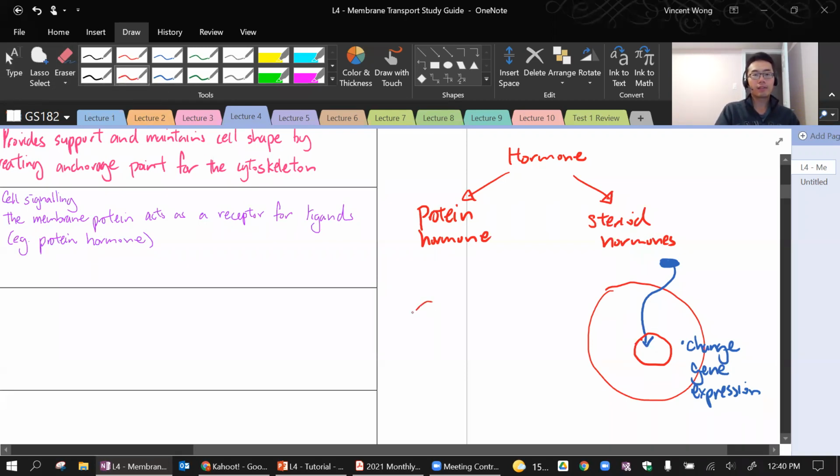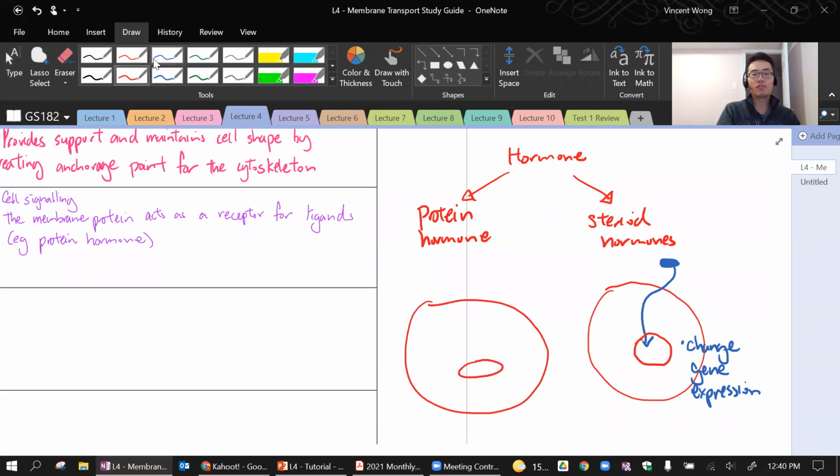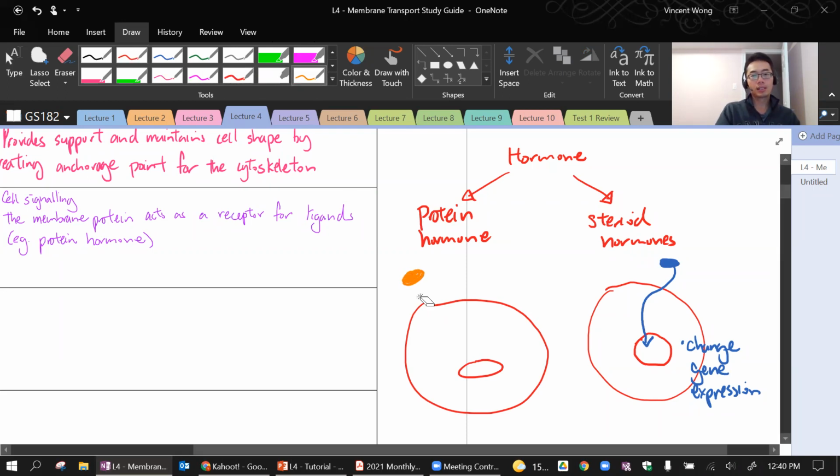On the other hand, protein hormones are usually very big, and they won't be able to cross the cell membrane. So instead, you will need a receptor, which is a membrane protein, and then the protein will bind to the receptor, and it will cause a series of reactions to occur, and ultimately that will change something in the nucleus.